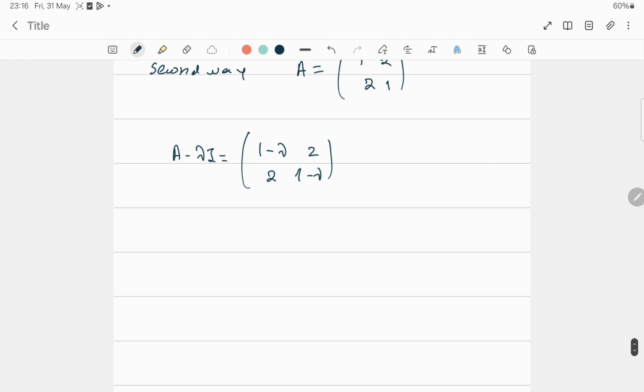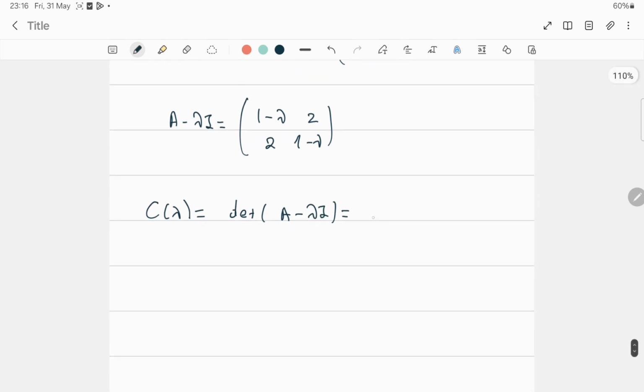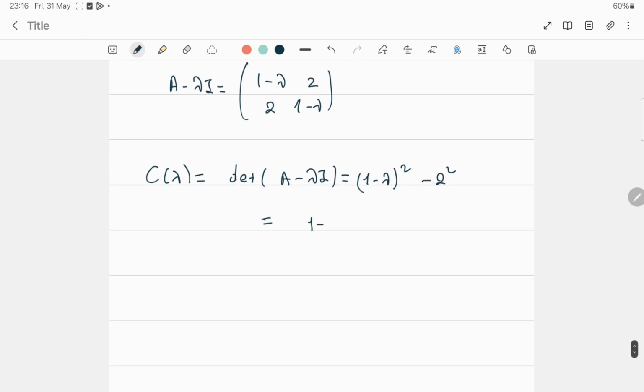So we take the characteristic polynomial, it's 1 minus lambda squared minus 2 squared. So this is 1 minus lambda minus 2 times 1 minus lambda plus 2. We can remove the brackets here.